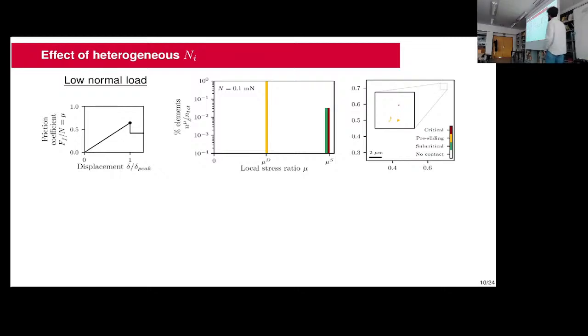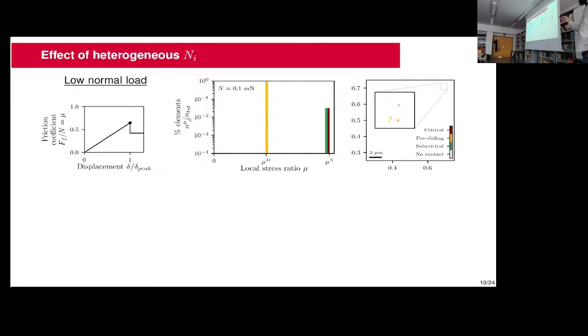Most of them have already slid at the critical state of the interface, and some of them, which we call the strong asperities, are still holding. But the presence of these pre-sliding asperities has decreased the macroscopic friction coefficient. The microscopic value was something like 0.9, and here we are at 0.7.